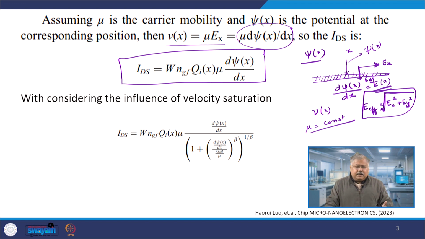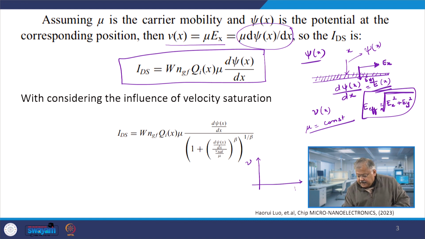Now, if I assume that velocity saturation has already taken place, which means that the saturation of the velocity is there already, then if you remember basic MOSFET equations, you will understand and appreciate that initially when you go on increasing the electric field, if you plot velocity versus electric field on the x axis, then the graph becomes something like this, which means that as the electric field increases, the velocity goes on increasing for low values of electric field. This is my low value of electric field, let us assume.